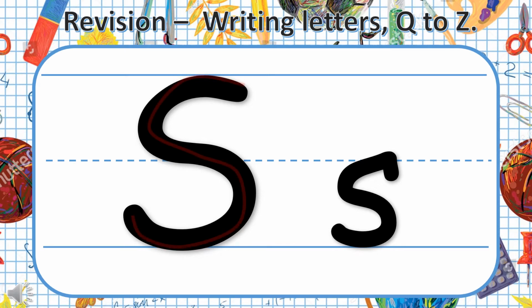So we're going to go round to the left, touching the top line. Going to go round and curving down to the bottom past the middle line, and then we're going to make another round curve going back towards the left, and we're going to touch the bottom line and go a little bit above the bottom line. There you go.